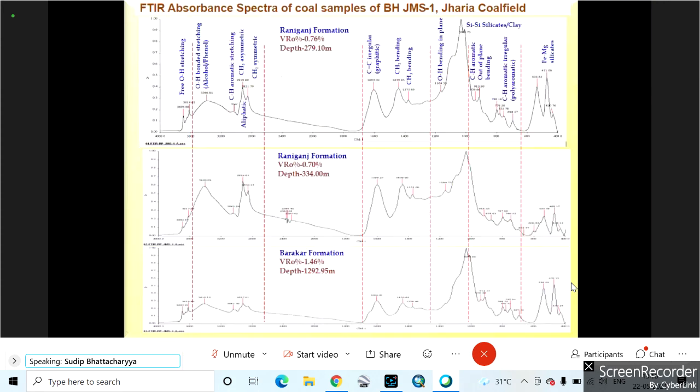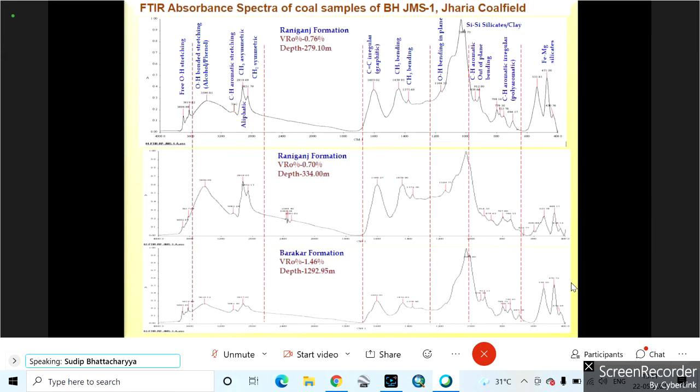For different coals we are getting different signatures, and we are getting the functional groups, the covalent bond, the double bond, the triple bond, the single bond, and the nature of the bond, by which it can be easily transformed into oil through coal liquefaction.